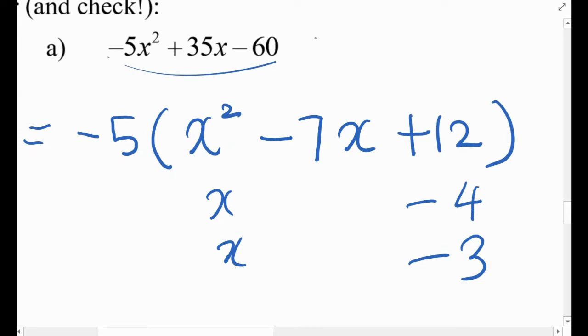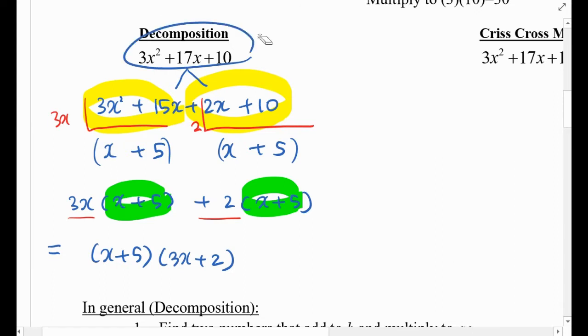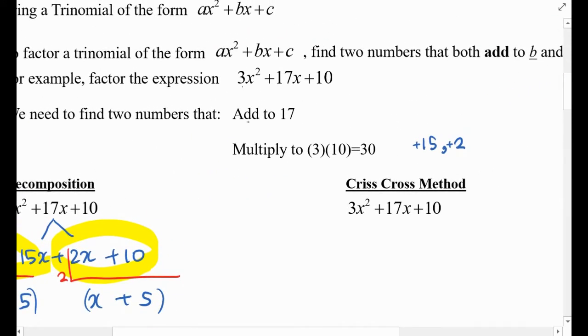So this is not really the same as the one we're learning right now. It doesn't have a GCF. When it doesn't have a GCF, you have to use this method. Find two numbers that add to 17 and multiply to a times c, 3 times 10. Right, everyone?